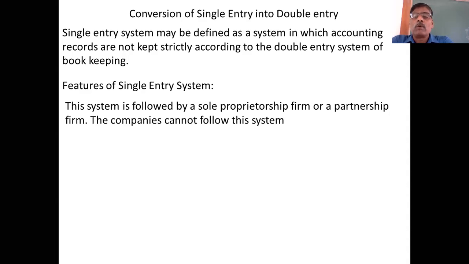Therefore, the small traders use the single entry system of bookkeeping. This is followed by small traders, meaning a proprietorship business or a partnership firm. The companies cannot follow this system. The single entry system is not followed by joint stock companies because they have to prepare the accounts according to the rules and regulations of the company law. This is the first feature.